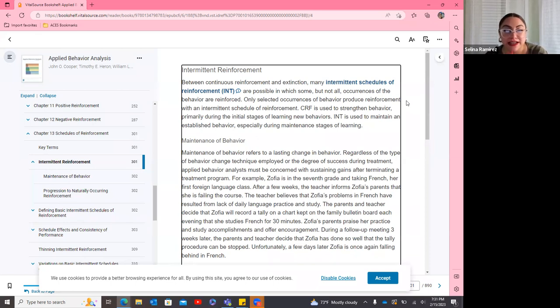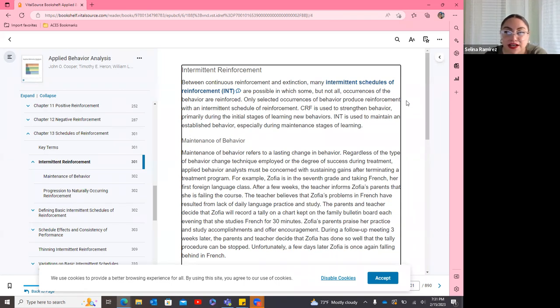And once they've got it, then you go into generalization, then maintenance. Maintenance is the final one. Eventually you want them to be able to maintain that skill even after treatment has ended. That will be your final lasting change of behavior, and it's going to determine the success of your treatment.